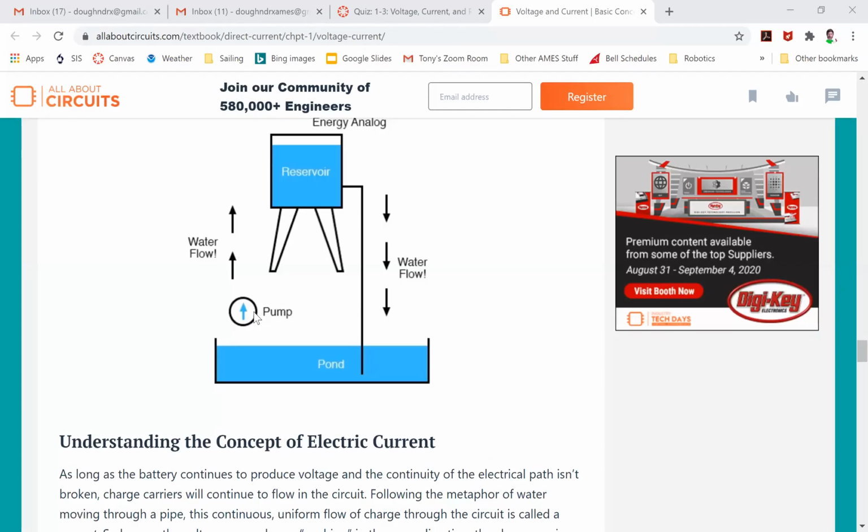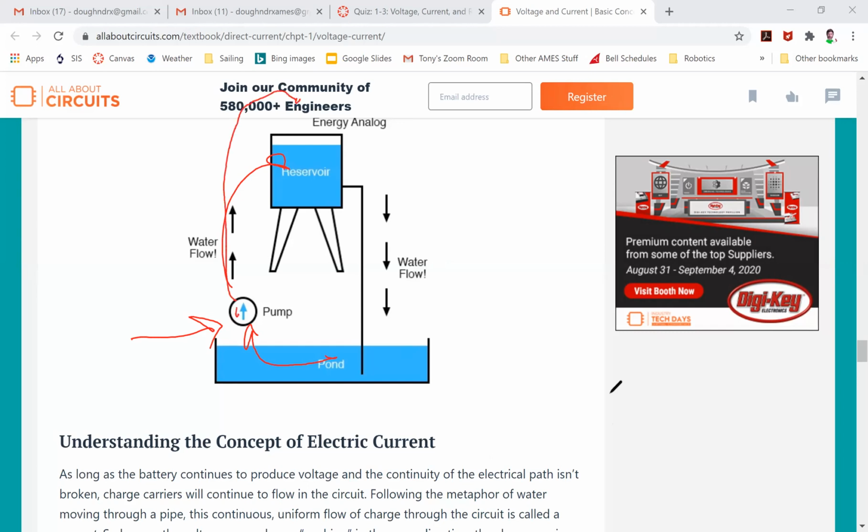All right, and a good way to think about electricity is to compare it to water. So what we have here, let me turn on annotation, is a pump. It takes the water, brings it into the pump, pressurizes it, and causes it to flow up here. If it was a high pressure water pump, it could go way up here.